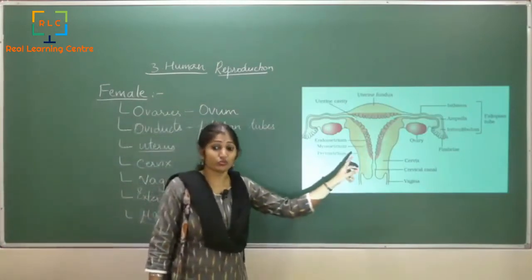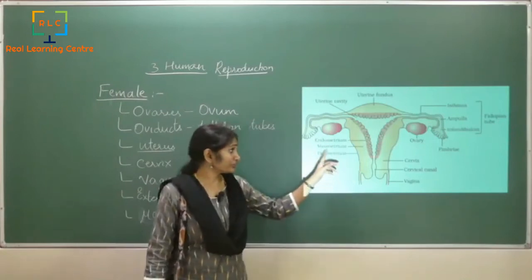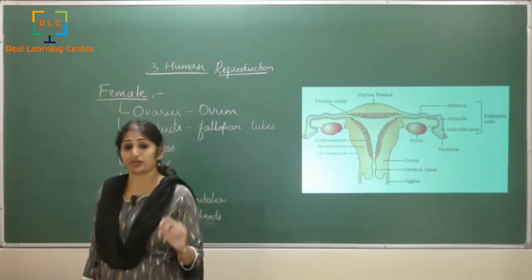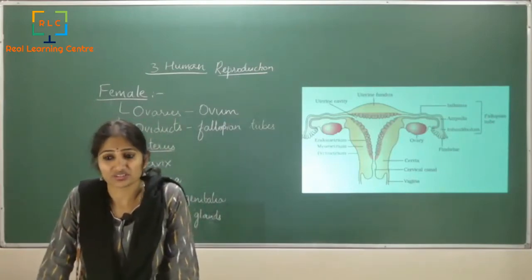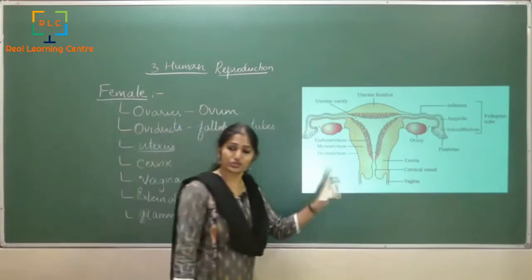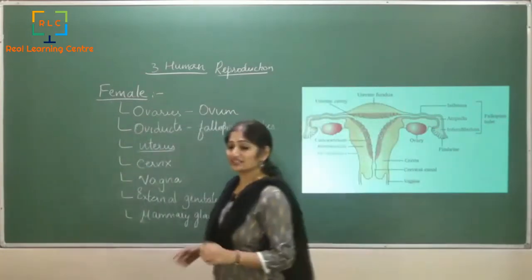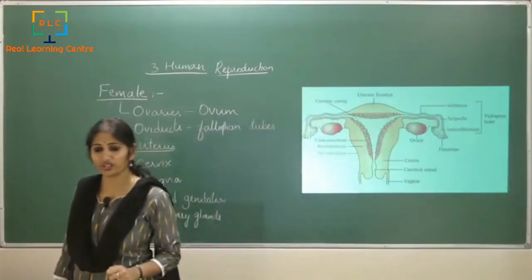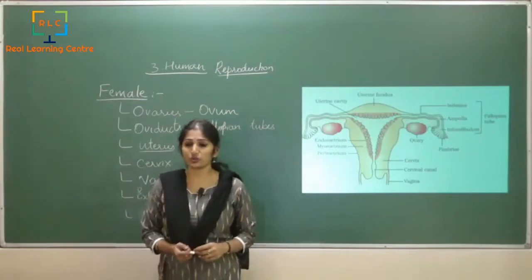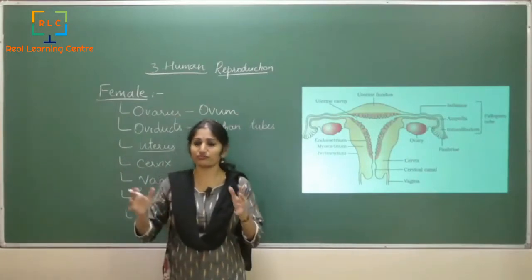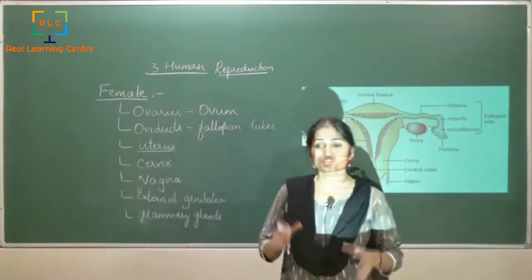It is very different from the perimetrium and the myometrium, because the size of the endometrium is not constant. It shows what we call cyclical changes. I think you would have studied in your lower classes that the female reproductive system exhibits the menstrual cycle.